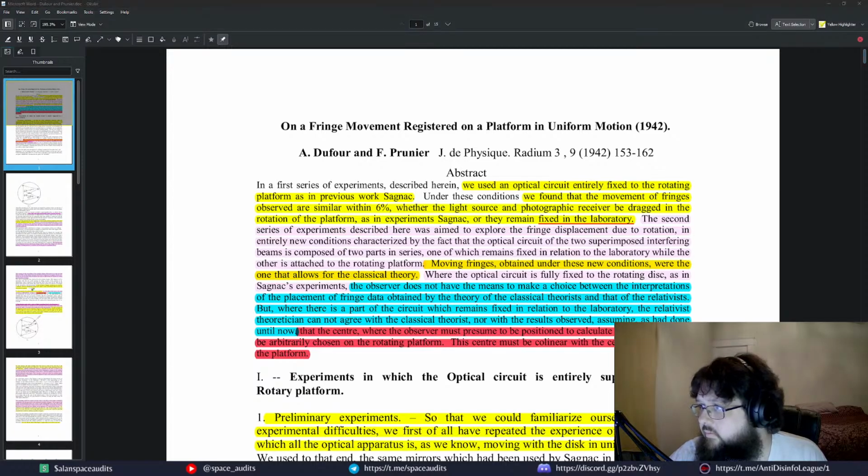Well, let's try. So first of all, the observer, where the photographic recorder is, determines where the observer is. So an observer watching the experiment would not be the observer on the rotating device. The observer on the device that's rotating uniformly would be the observer. Let me clarify.